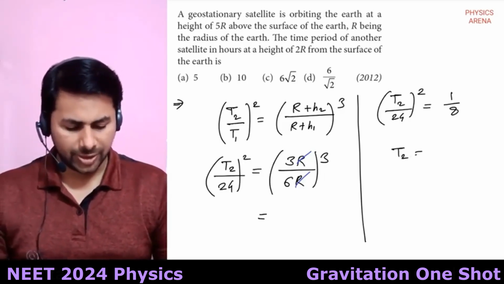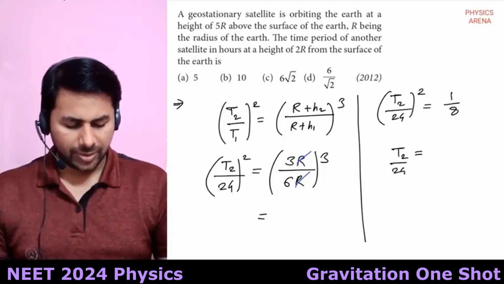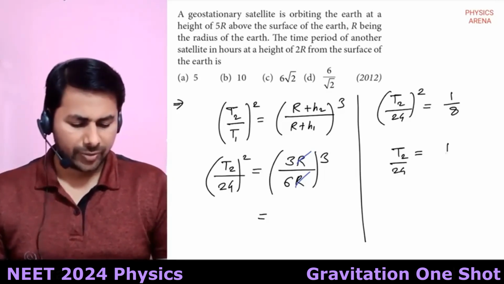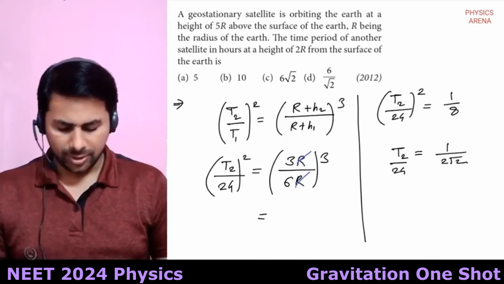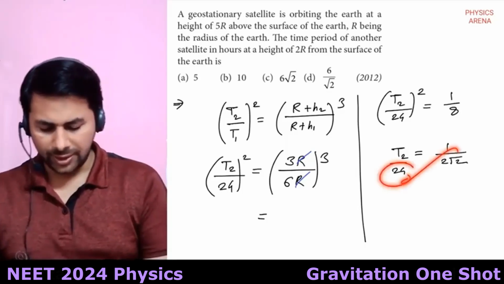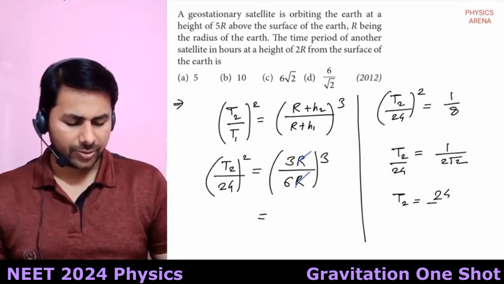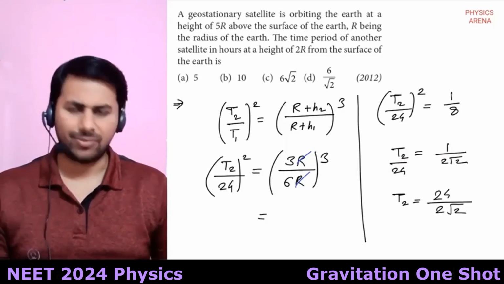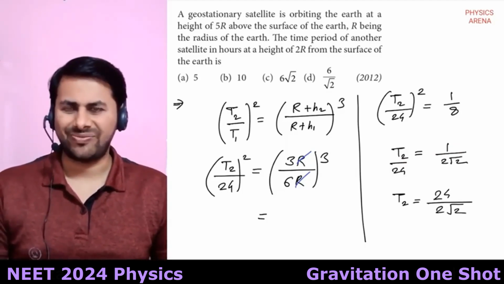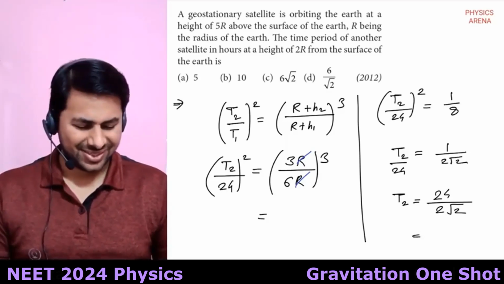T2 upon 24 will be 1 upon 2 root 2. So move 24 to this side. T2 equals 24 upon 2 root 2. Again, the answer is also the same as that of the last problem, right?